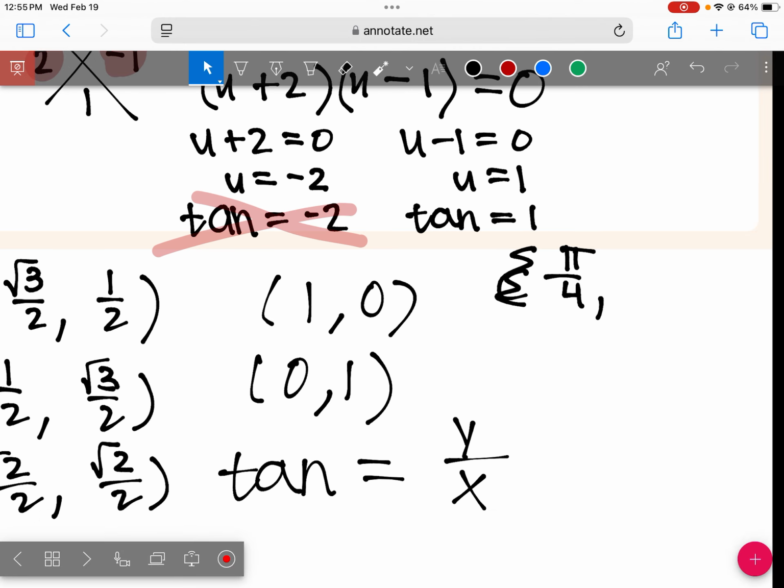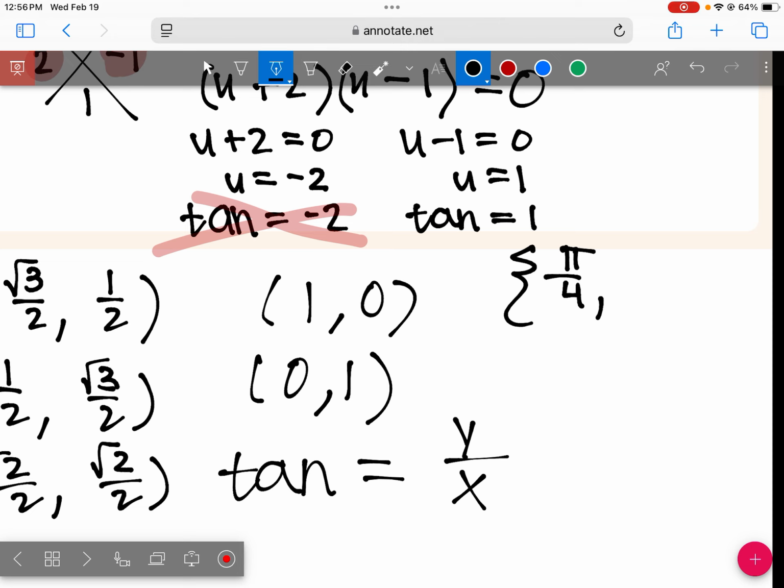So where else on our unit circle are we looking? Tangent is positive in what 2 quadrants? 1 and 3.